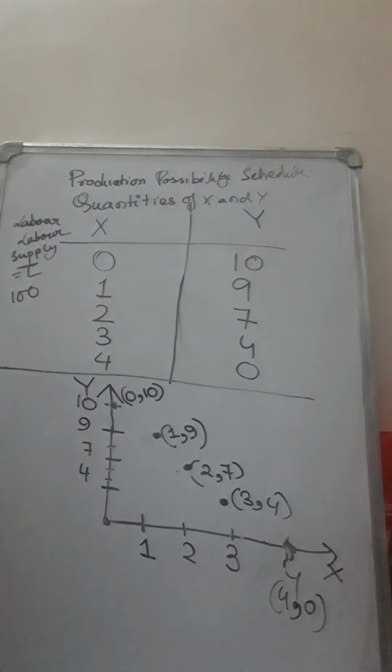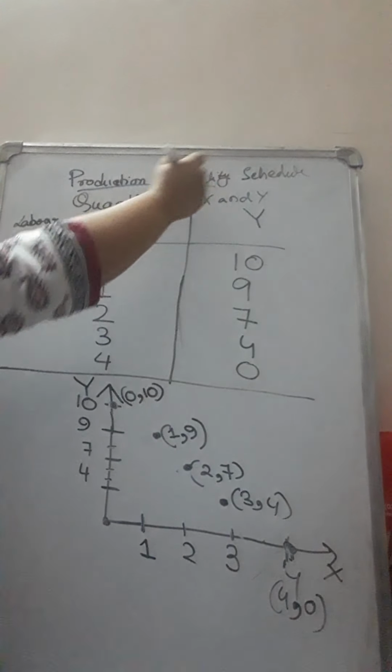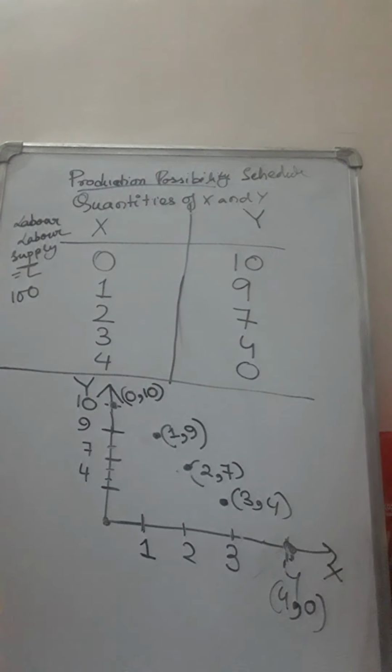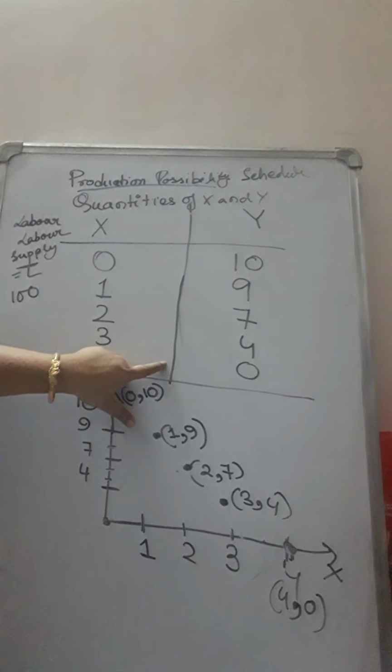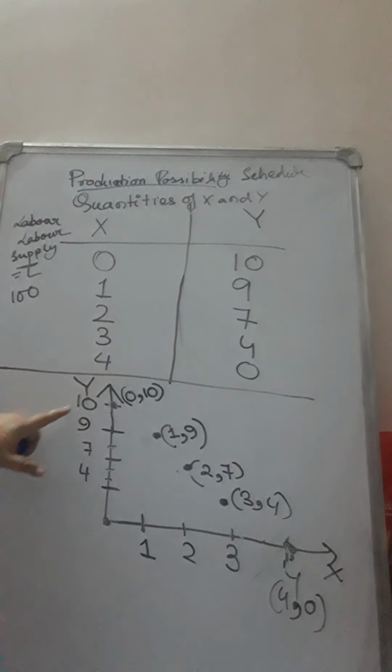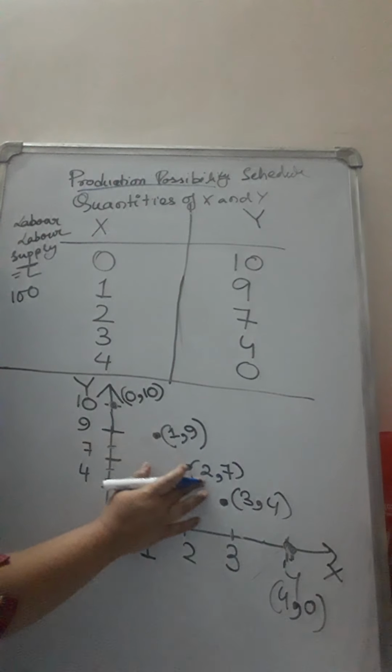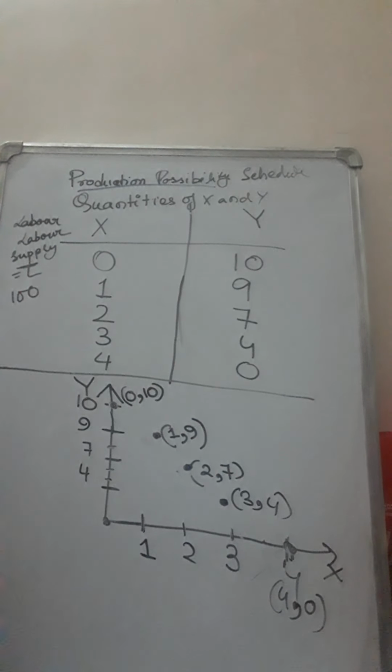Now, what is this production possibility curve? So, this is the table given of production possibility. I have used the table in order to construct this graph. These are the points which are possible for a country to produce.